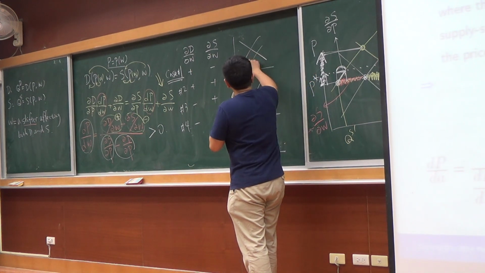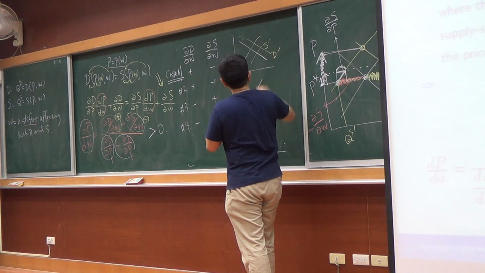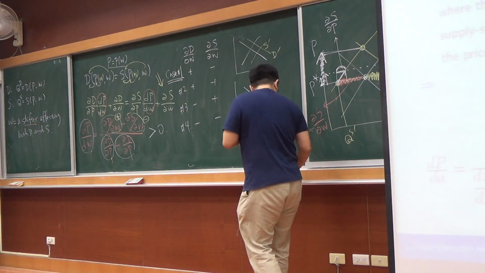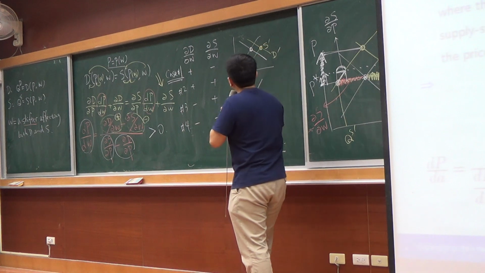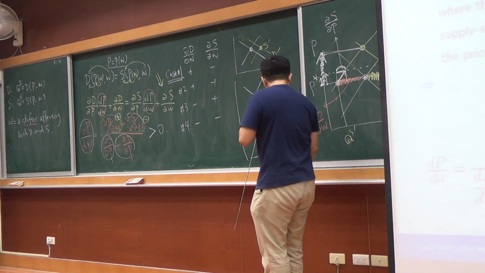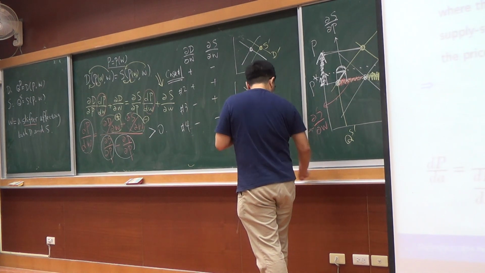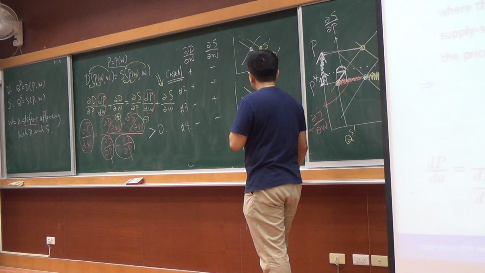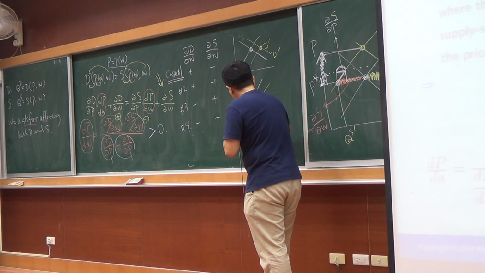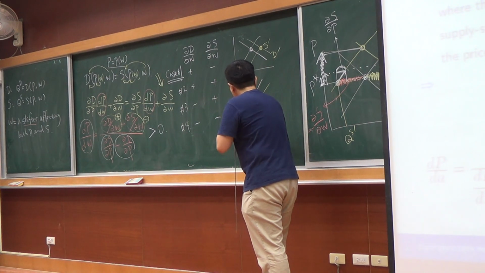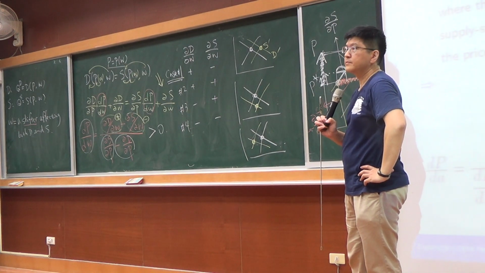So case number 2 would be like this, with the initial equilibrium point and the final equilibrium. And case number 3, negative, positive. Initial. And negative, negative. Initial, new.